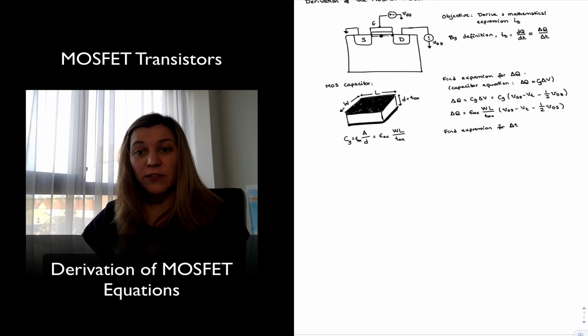So for a higher electric field, I will have higher drift velocity. It's also related to the mobility of my charges. In this case, since I have n-type material, it will be the mobility of the electrons or of the n-type carriers.